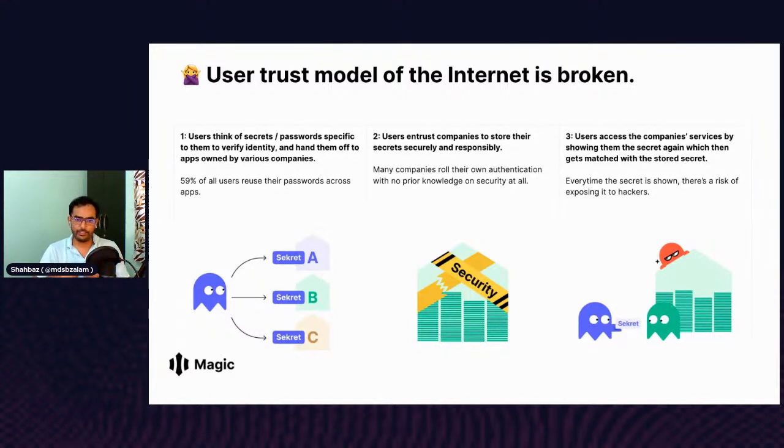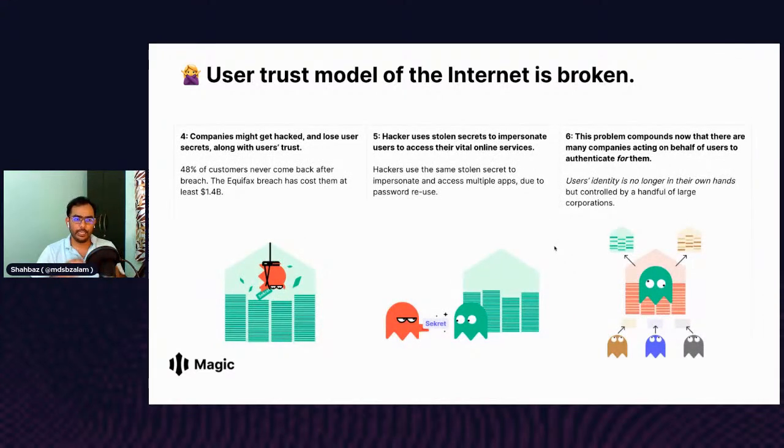Every time the user does that, there is a risk of exposing it to a hacker, and companies might get hacked. It's not a new phenomenon. The biggest breach was the Equifax breach, which cost them at least 1.4 billion dollars.